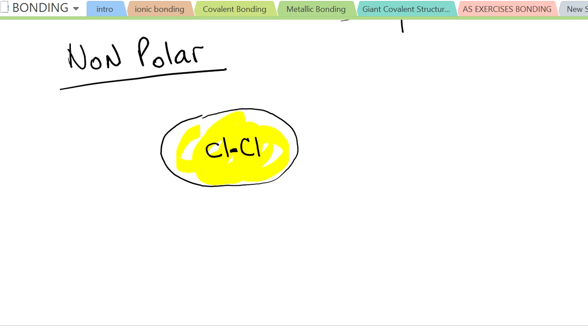Do we have a dipole there? No, because the electrons are evenly distributed, we said, because the electronegativities of the chlorine on the left and the chlorine on the right are exactly the same. Is that okay? But the thing is that the electrons are moving all the time.